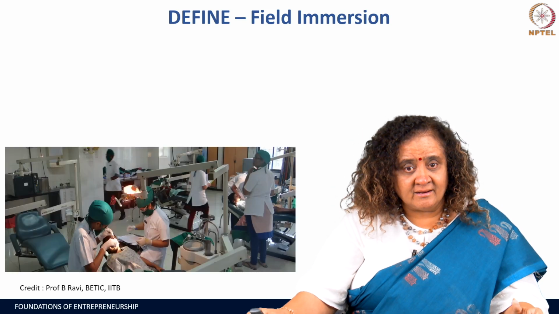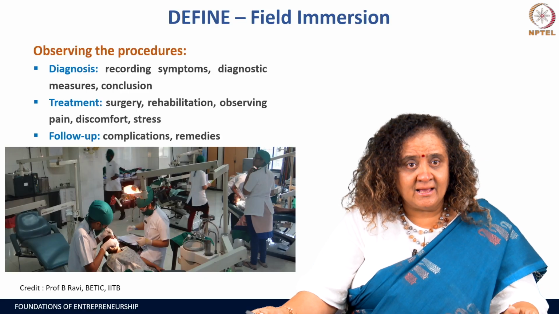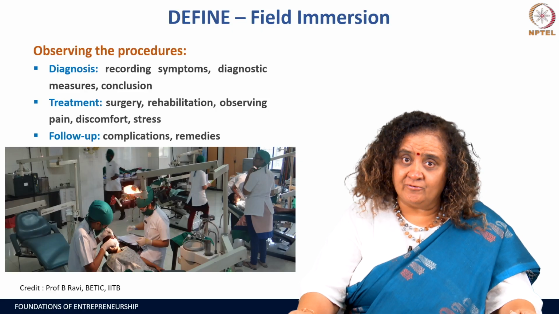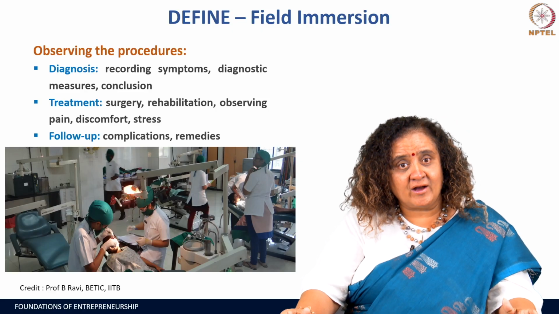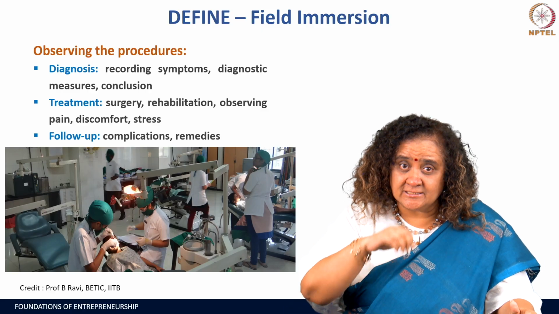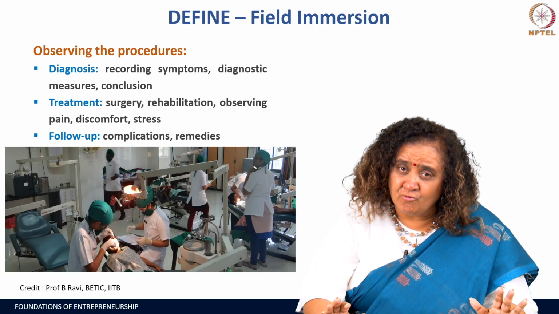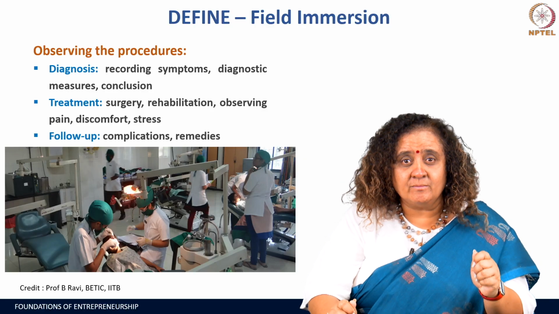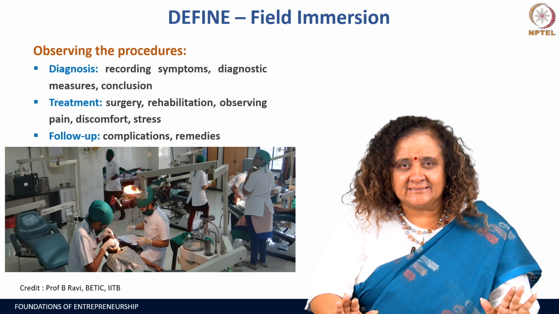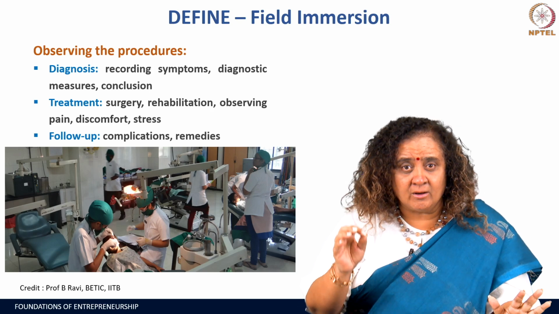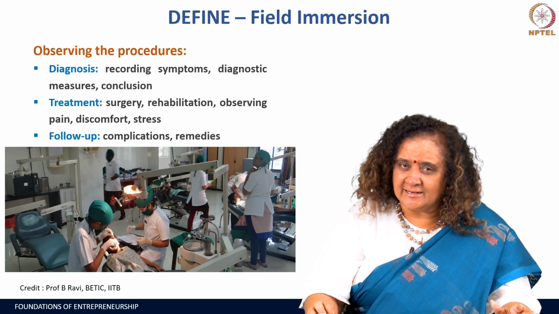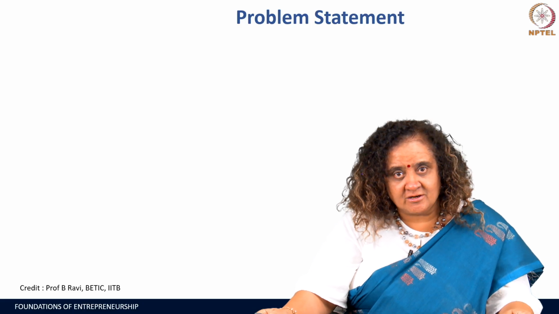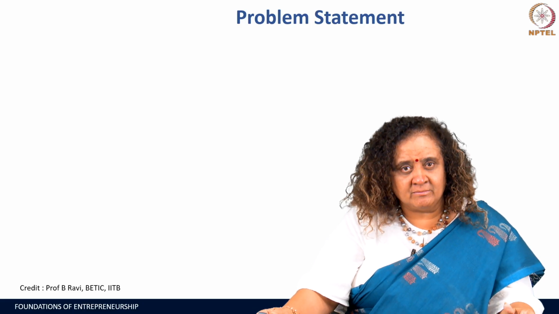This is of course in a hospital directly that observations were happening, and what is happening is observing the diagnosis, observing the treatment, observing the follow-ups, always observing to find gaps, to find challenges, to find things that can be improved, things that are difficult for human beings to do, or things which should not use only human beings to do because there is fatigue as far as documenting or doing everything only by the human and not involving a machine at all. So, the problem statement is the output of the define the problem phase.